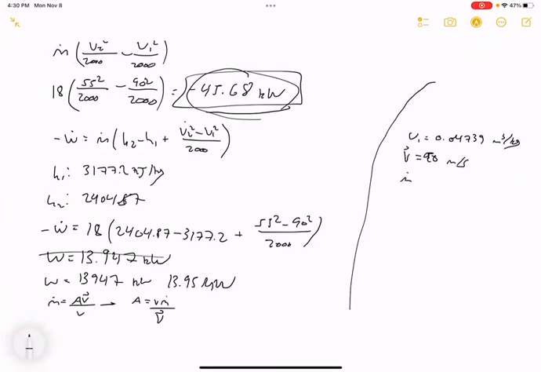And m dot is given as 18 kilograms per second. Plugging all this in, if all goes well, we should get an area of, I'm getting 9.478 times 10 to the minus 3 meters squared.